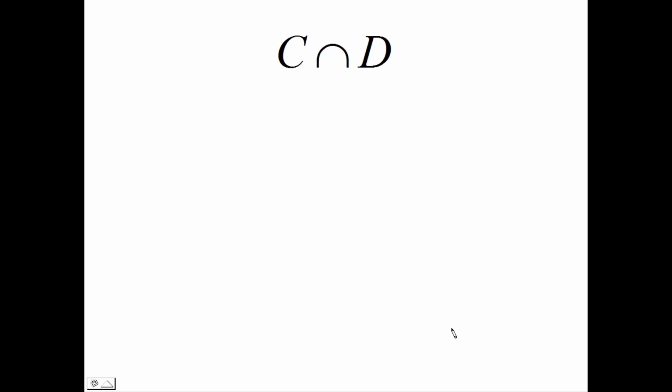Let's look at C intersect D. And just for the sake of our example, so that it's a little easier to visualize, let C be the set of cat owners in this class, and then let D be the set of dog owners in this class. Maybe that will help us to figure out what C intersect D and the others actually mean.